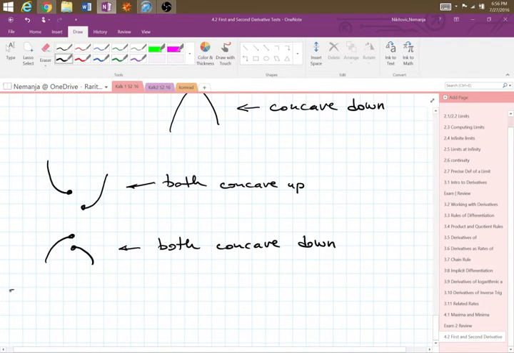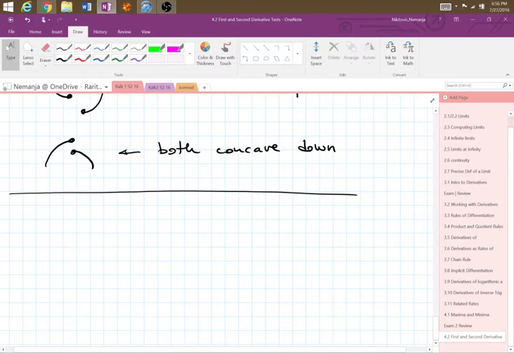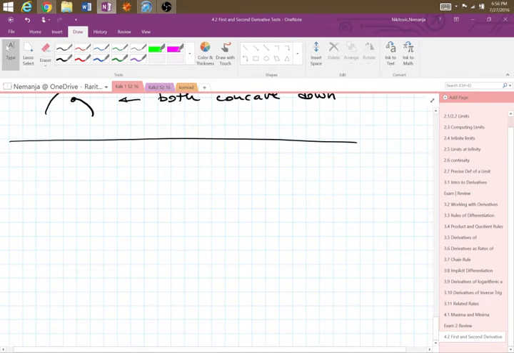Further exploration here, I would like to make a distinction between and connection between increase, decrease, concavity up and down.